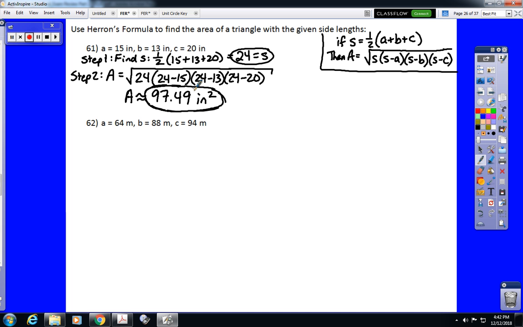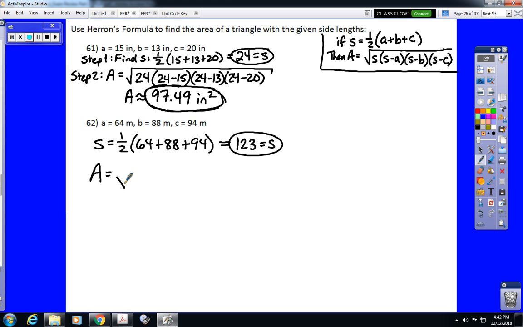So let's do another one. Again, you should pause the video and try on your own before you watch me do it for you. Find the semiperimeter, which means we're adding up those 3 side lengths and we're dividing by 2. So 64 plus 88 plus 94, and then divide by 2 is 123 for your semiperimeter.